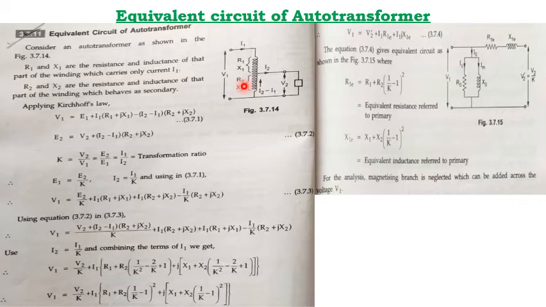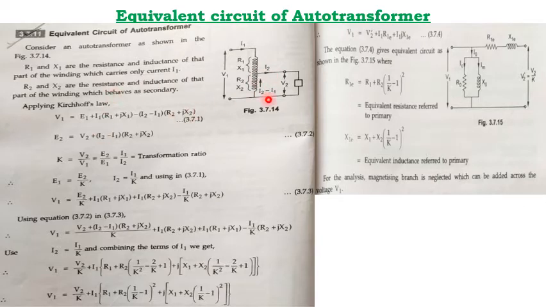R1 and X1 are the resistance and reactance of that part of the winding which carries only the current I1. Similarly, R2 and X2 are the resistance and reactance of that part of the winding which behaves as the secondary, and it carries the current I2.